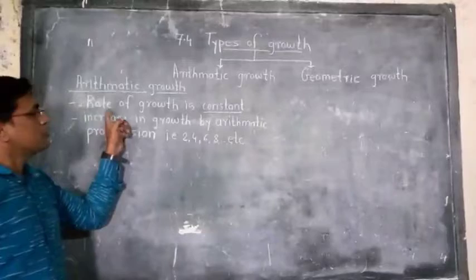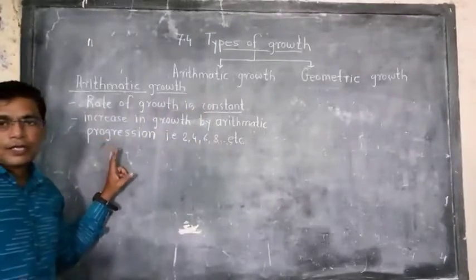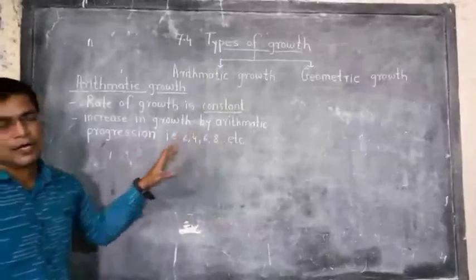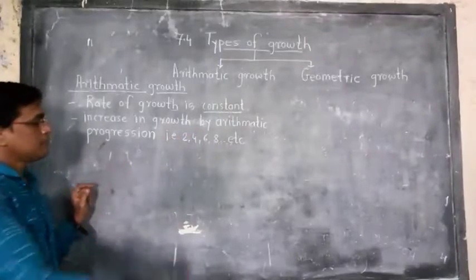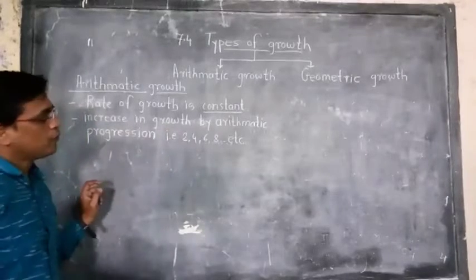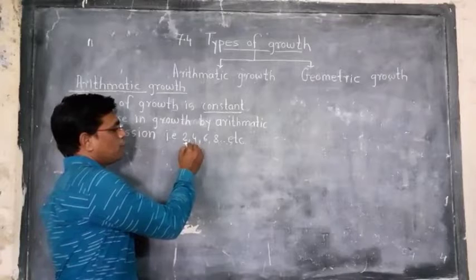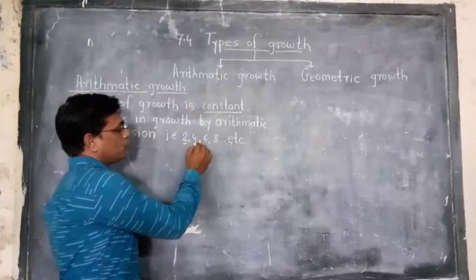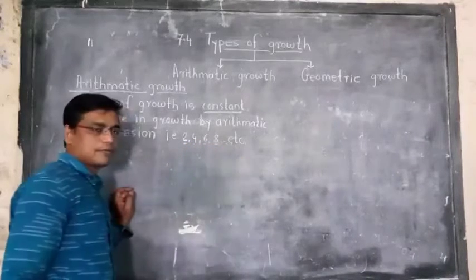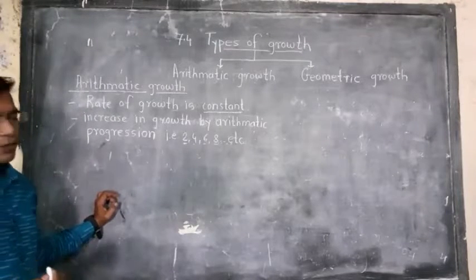The rate of growth is a constant, and growth increases by arithmetic progression, meaning the number of cells or the size of that part will increase in this manner: 2, 4, 6, 8 centimeter, etc. In this way the plant part is increased.